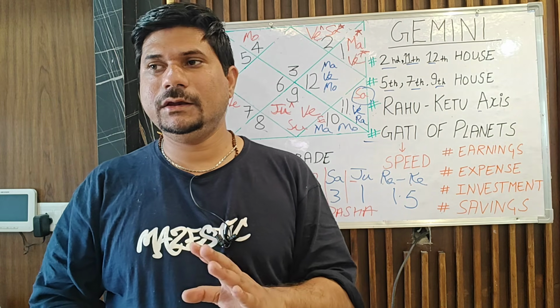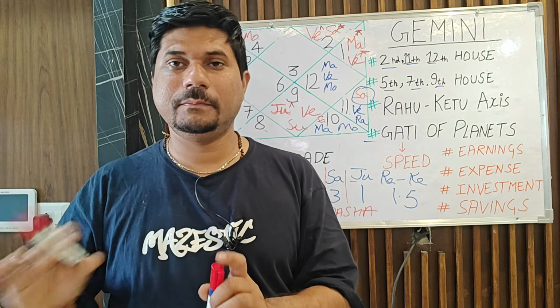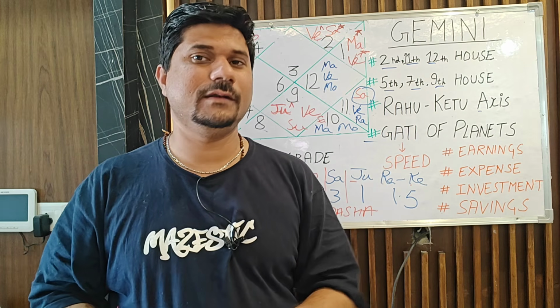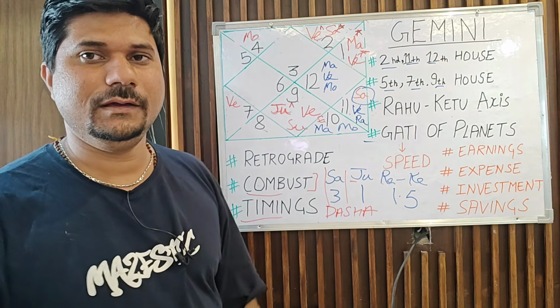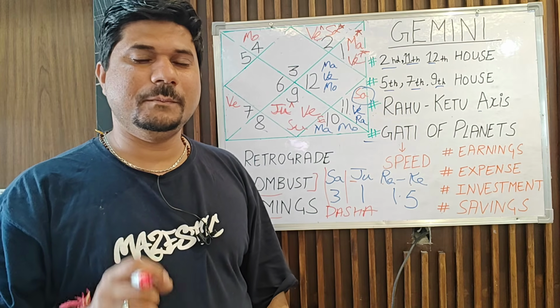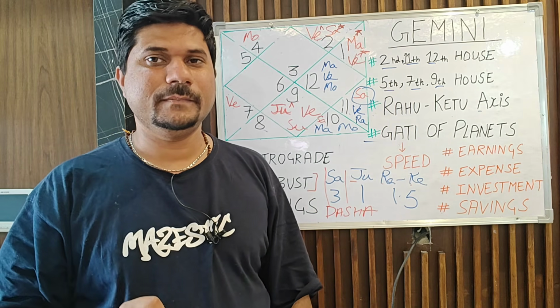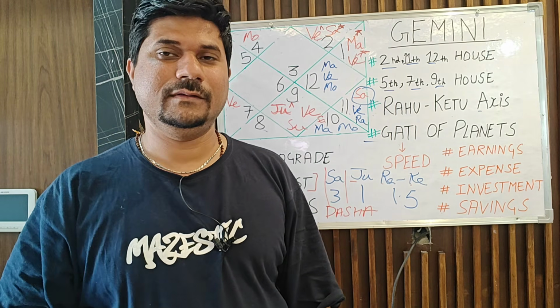Combustion has the capacity to create impact over the malefic planets in a different way and benefic planets in a different way. Jupiter is a benefic and Venus is also a benefic graha. So whenever the combustion of benefic planets is happening, they are not going to lose their significance.